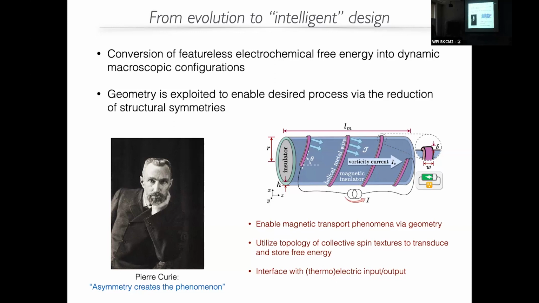Specifically, I want to get into a regime and appropriately adapt the symmetries of this device such that this electrical current is able to induce vorticity motion along the axis of the cylinder.